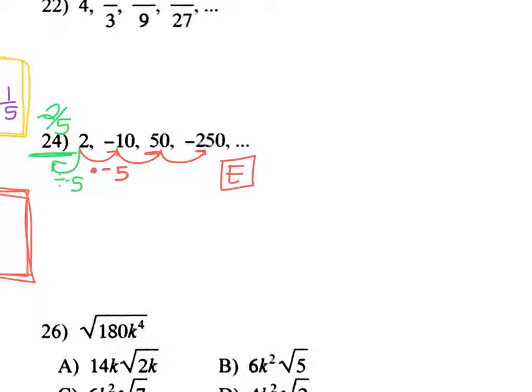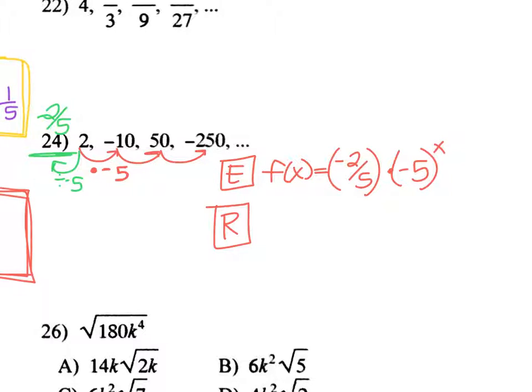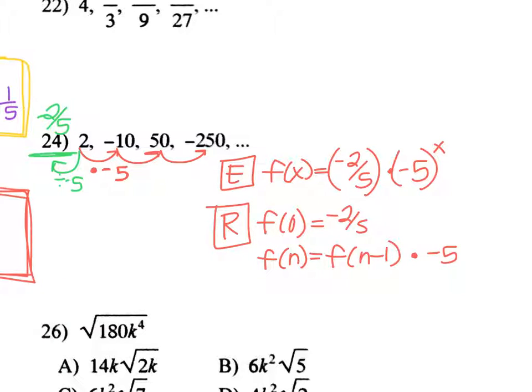So I've got explicit f of x equals my starting value, negative 2/5, times my pattern, negative 5 to the x power. And then recursive just lists the two parts separately. The starting point, f of 0, is negative 2/5, and the pattern, f of n equals f of n minus 1 times negative 5.